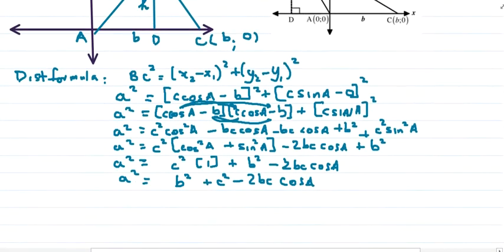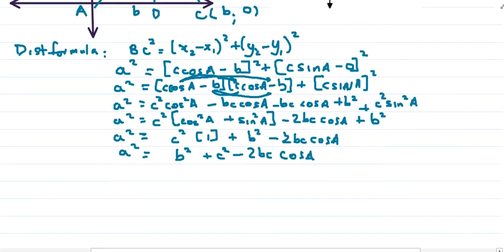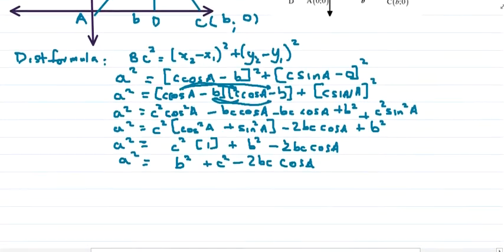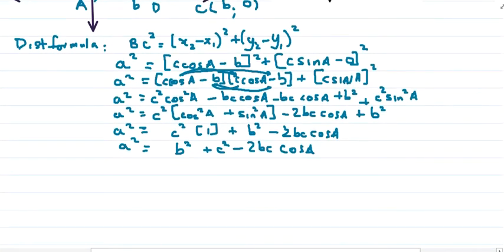Okay, so you can look at that proof in the video and see how it works.